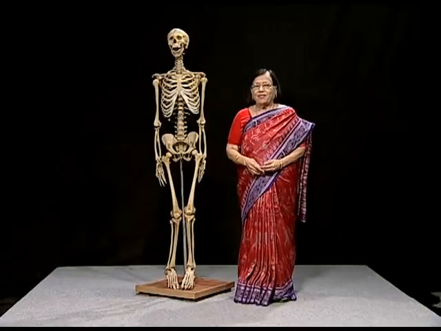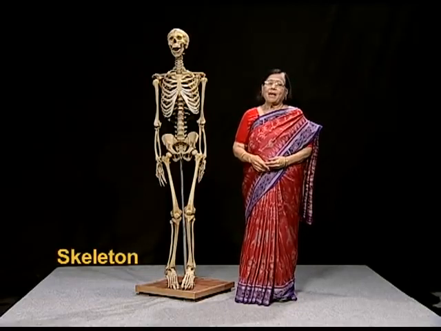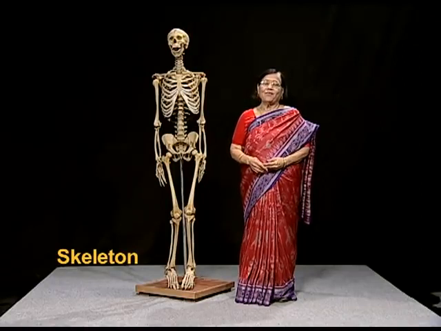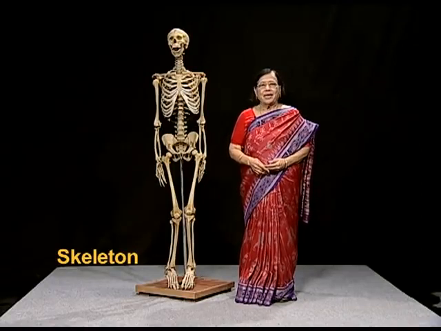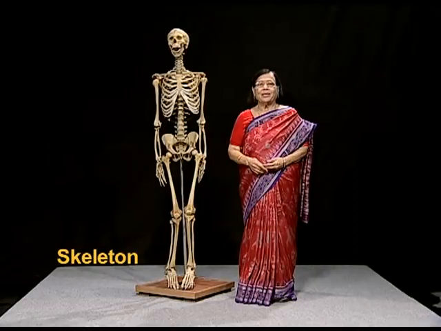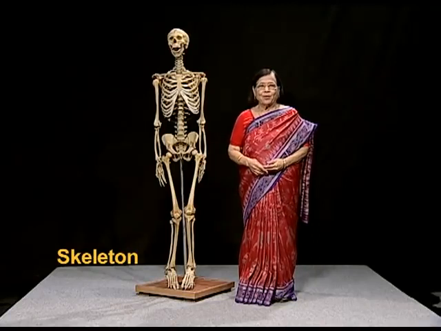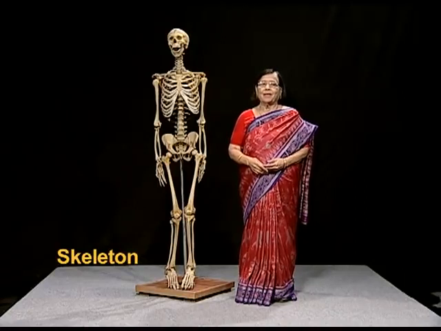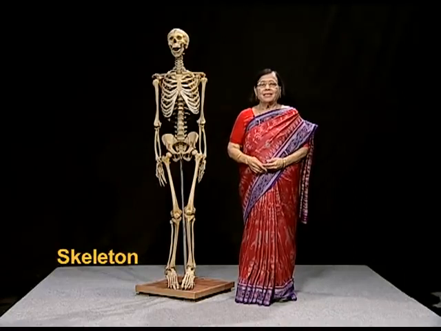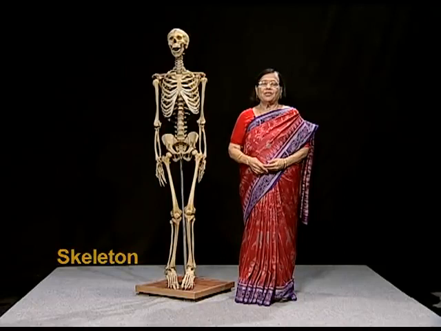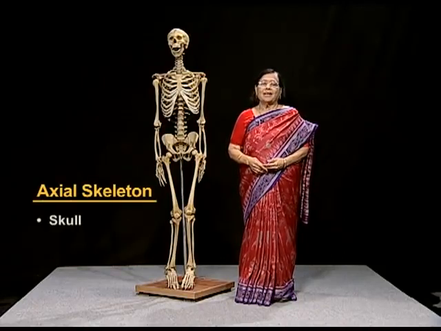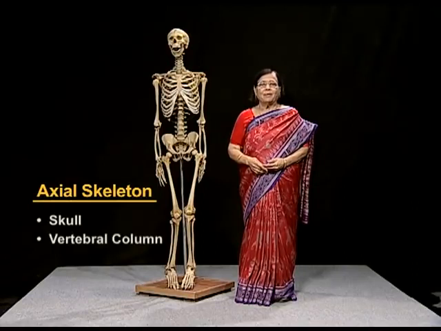Children, we have reached near the skeleton, and I am quite excited to see all the bones in one go. I am sure you are equally interested to know about the placement of these bones in our body, which we are going to discuss along with this skeleton. As you know, there are two main divisions of the skeleton: the axial skeleton, in which come the skull, the vertebral column and the rib cage.